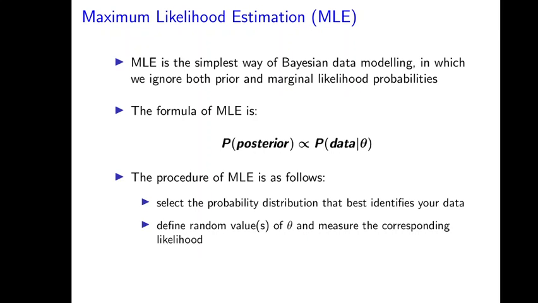The second step is to define random values of theta and measure the corresponding likelihood values. Here it is very important to note that almost all Bayesian inference procedures are approximated algorithms, which means that we are not talking about a closed form solution within the Bayesian modeling techniques, simply because we don't have a closed form or an equation.